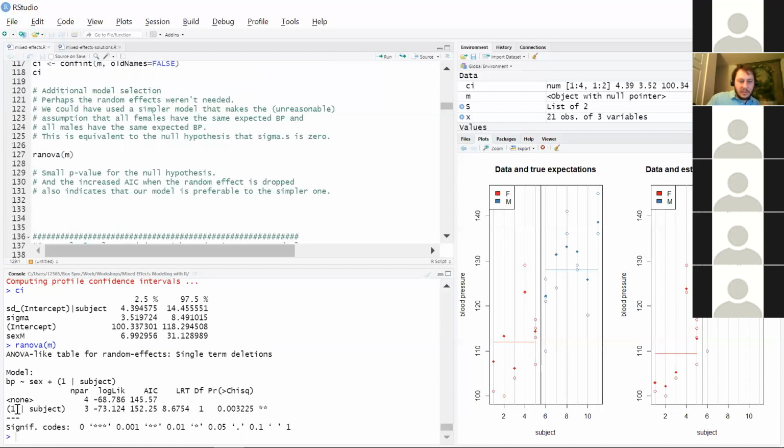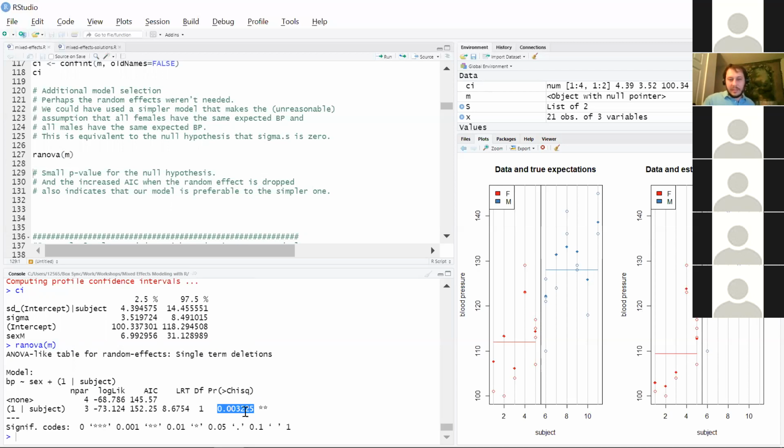If you were to drop the 1 colon subject term, if you treated all males as having expectation equal to the overall group expectation, and then you looked at this data and calculated a significance probability of that null hypothesis, here's the p-value you would get for a particular way of doing that test: 0.003.